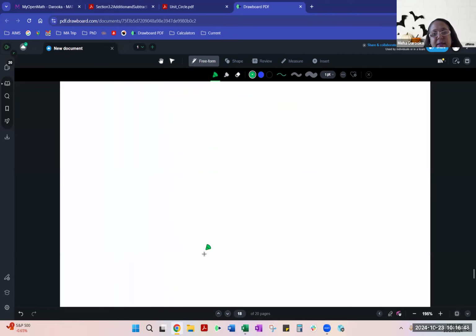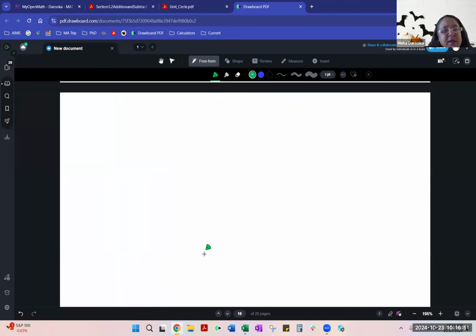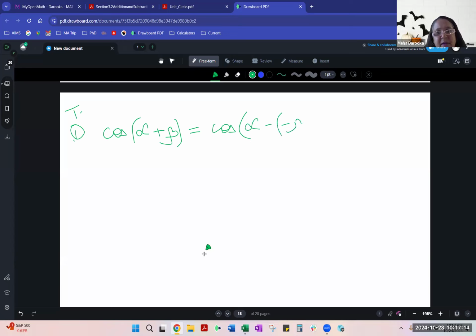All right, so let's take a look at how we can rewrite that cosine of alpha plus beta identity. So let's make this guy a little bit bigger. Okay, so this was the try it now. And we are doing the first one. So cosine of alpha plus beta, you are rewriting this as cosine of alpha, oops, sorry, minus and then negative.